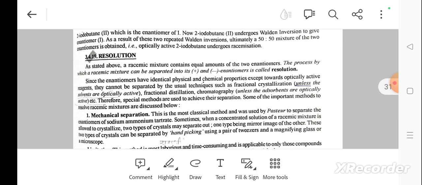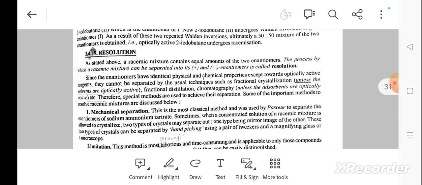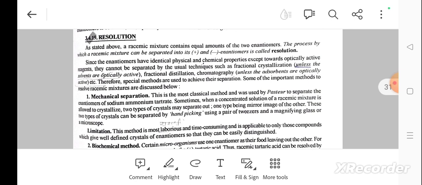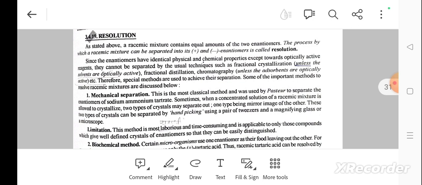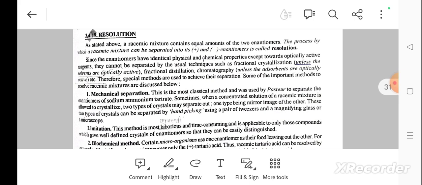Since the enantiomers have identical physical and chemical properties except toward optically active reagents, they cannot be separated by usual techniques such as fractional distillation, or chromatography, unless the solvents or adsorbents are optically active. Therefore, special methods are used to achieve their separation. Some of the important methods to resolve racemic mixtures are discussed here.